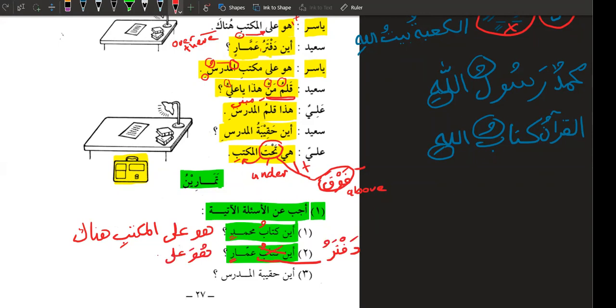الجواب هي تحت المكتب. لا. شوف سعيد. أين دفتر عمار؟ So here's the question. Where is Ammar's notebook? So the same question. You have to answer.